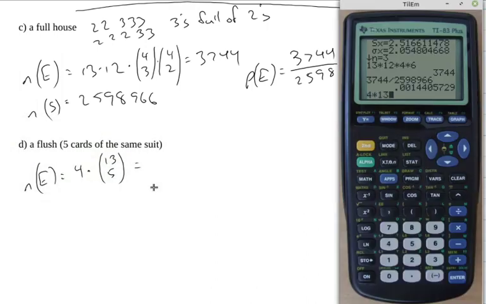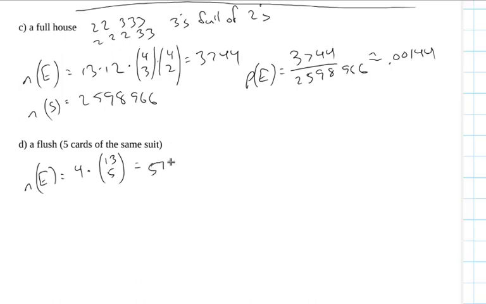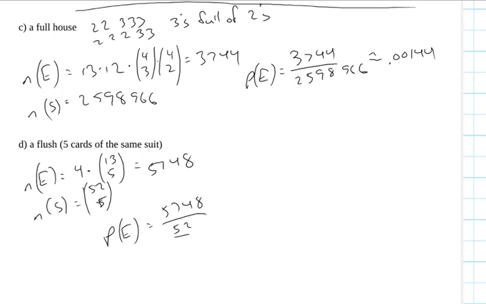4 times 13 choose 5 is 5148. And n of s is the same number again, 52 choose 5. So the probability of E is 5148 out of 52 choose 5.